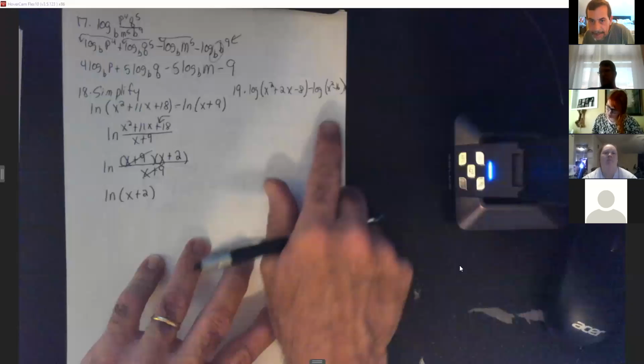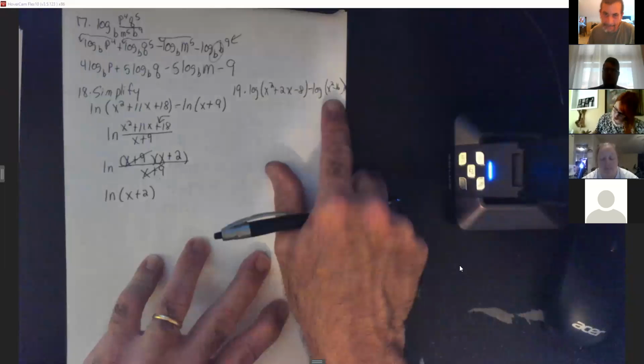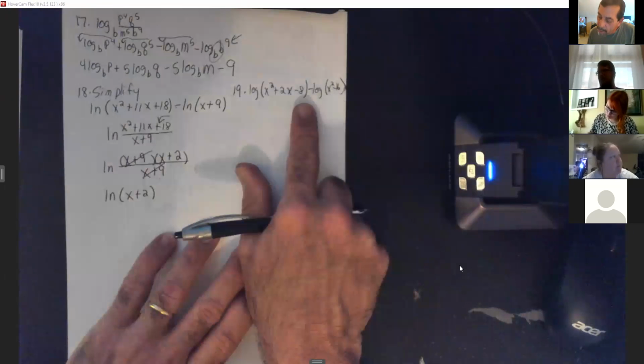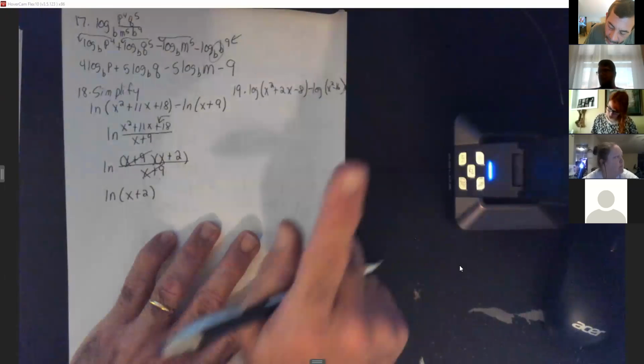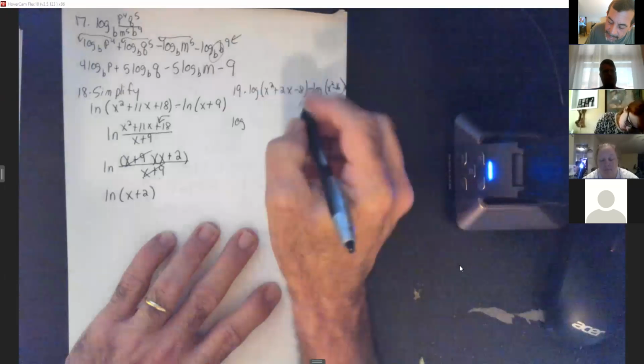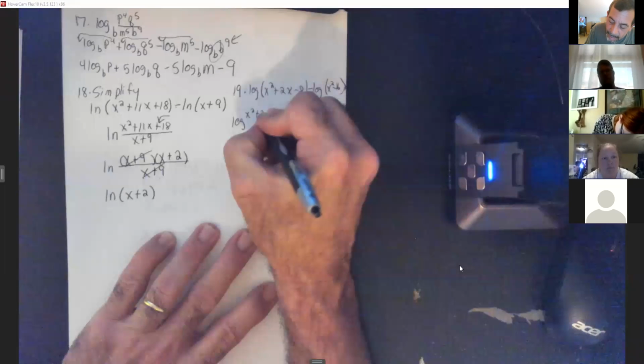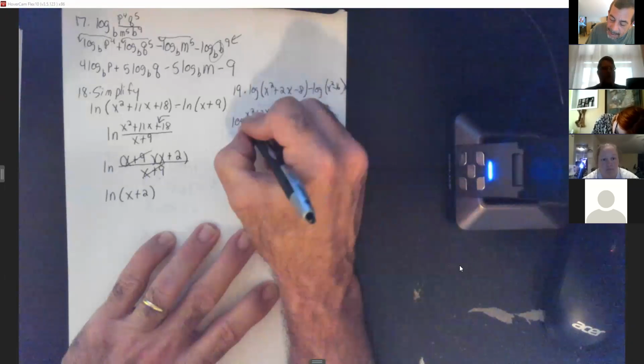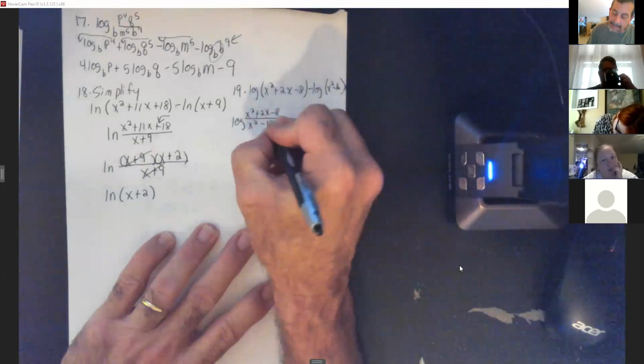So y'all, that's x squared minus 16, okay? So these are being subtracted. I'm going to write them as a quotient. So I got log. On top is the x squared plus 2x minus 8. On bottom is the x squared minus 16.